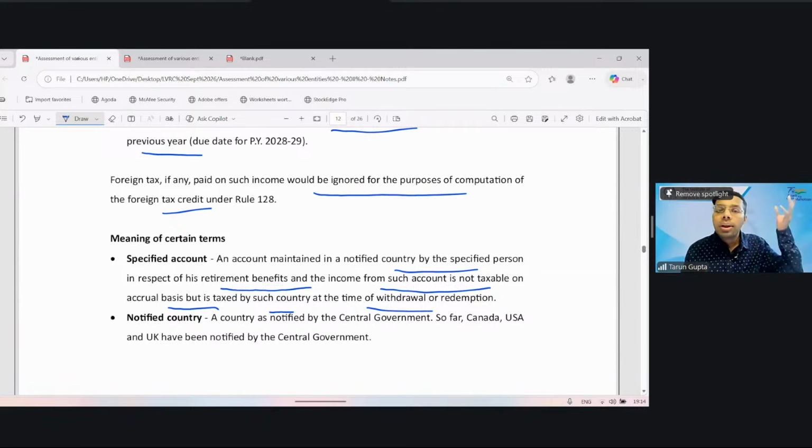So if there is an account on account of retirement benefit and such country taxes such benefit only in the year of withdrawal and not in the year of accrual, only we are talking about such accounts, because the issue arises only in respect of such accounts. What is the issue? India taxes such income on accrual basis. The foreign government taxes such income at the time of withdrawal.